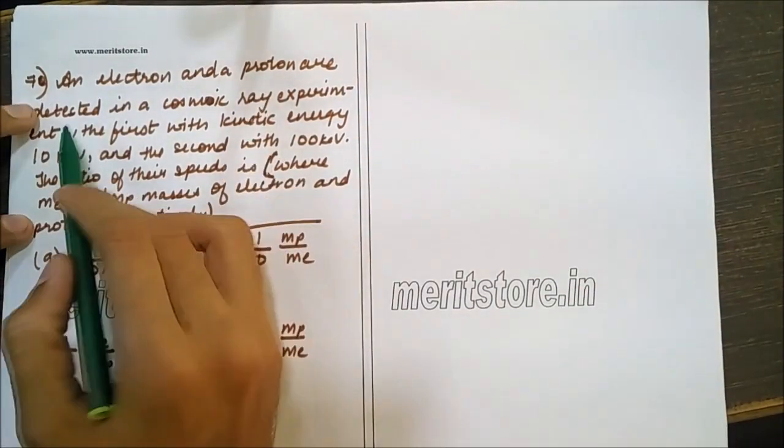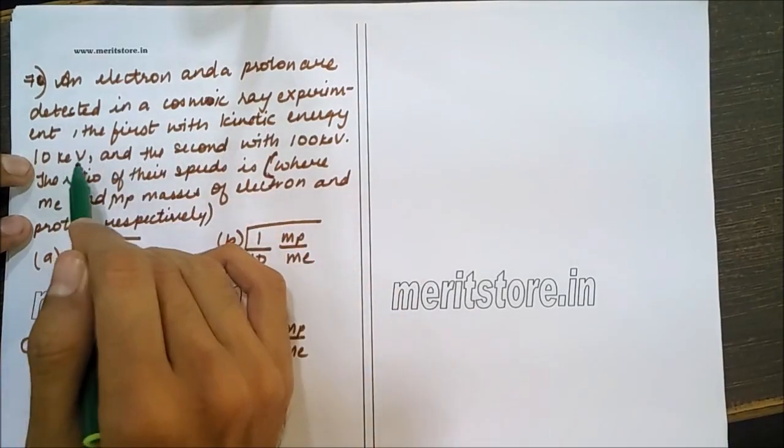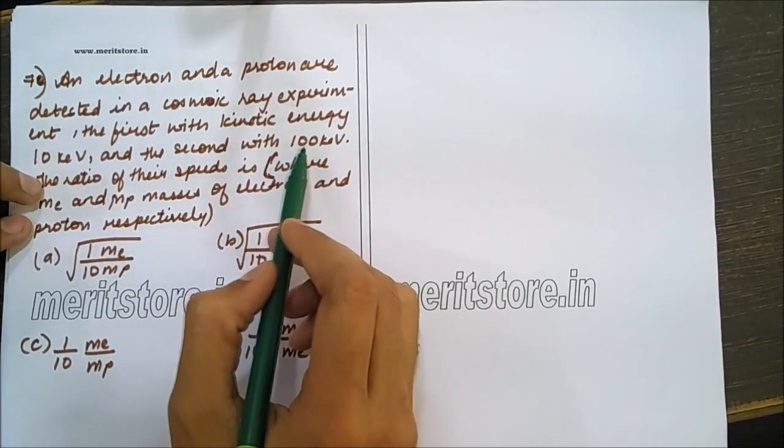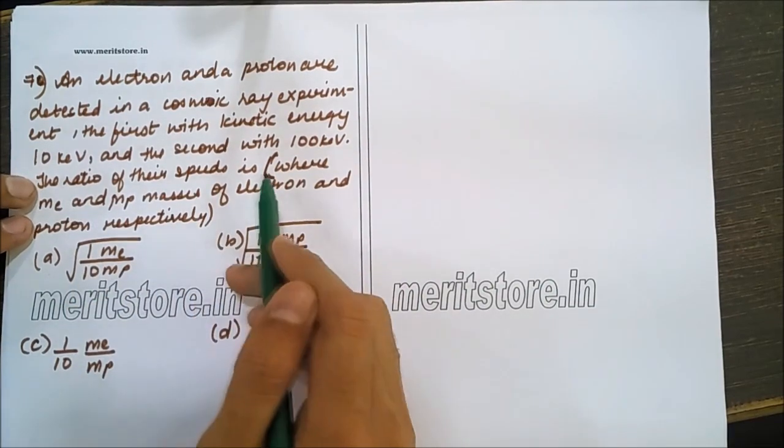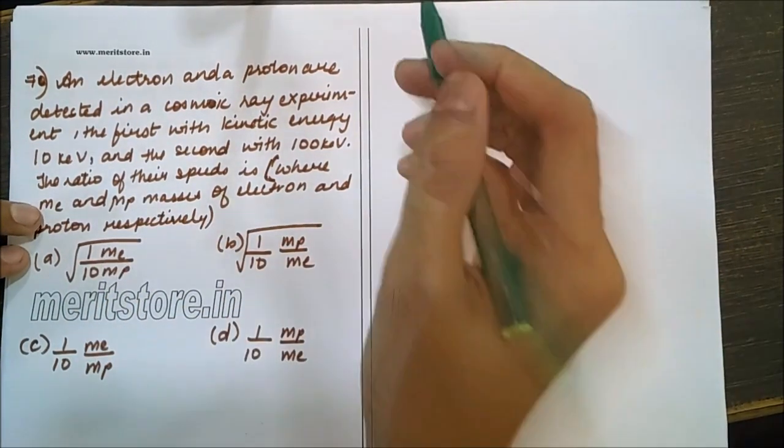An electron and a proton are detected in a cosmic ray experiment. The first has kinetic energy 10 keV and the second has 100 keV. The ratio of their speeds is, where Me and Mp are the masses of the electron and the proton respectively.